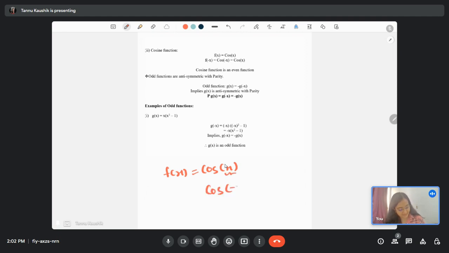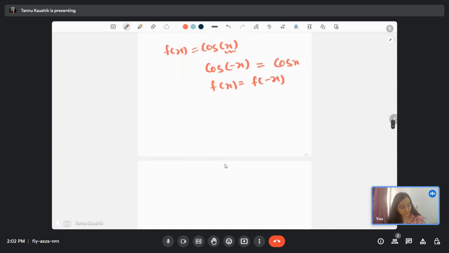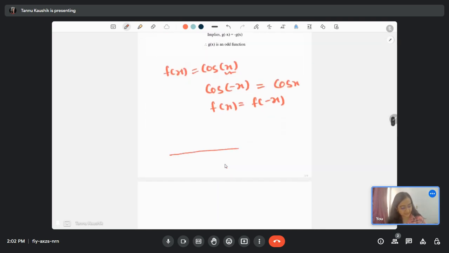Similarly, if we take a cosine function and replace x with minus x, we will get cos x again, that is f(x) is equal to f(minus x).